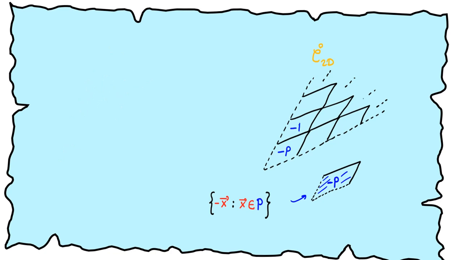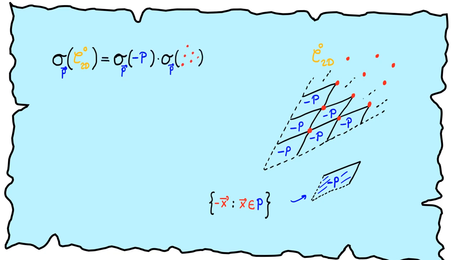So, our two-dimensional cone can be created by putting the copies of negative p at each point in this red grid. And hence, the sigma of the interior of the two-dimensional cone can be decomposed as the product of the sigma of negative p and the sigma of this shifted red grid.